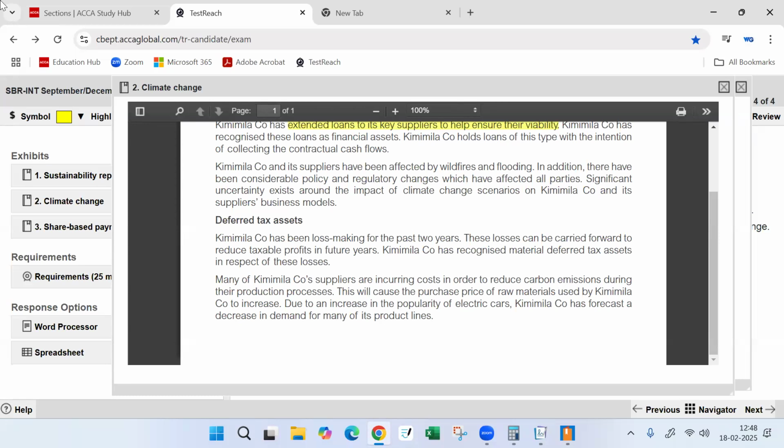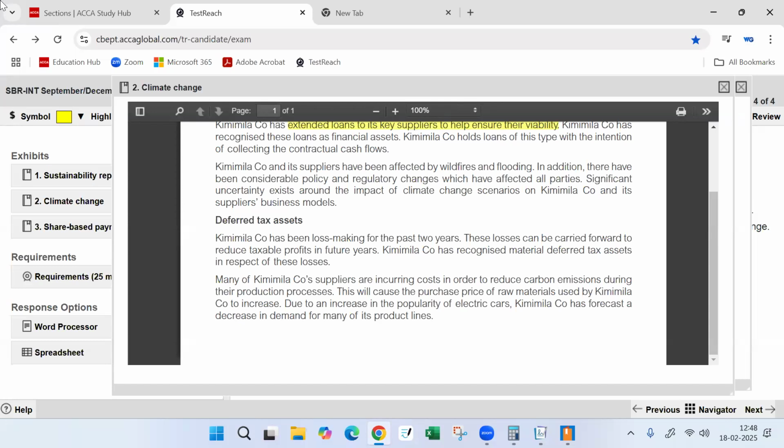Now, as per IFRS 9, when we give a financial asset or a loan to someone, we should recognize that at cost, isn't it? At amortized cost. Correct? Yes or no? But because of these climate related matters, Kimimila has exposures to credit losses, isn't it? The fires, the policy and regulatory changes, all this could impact negatively the borrower's ability to meet the debt obligation.